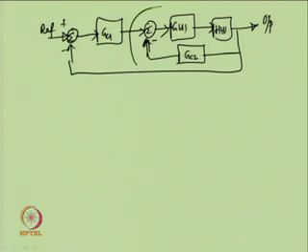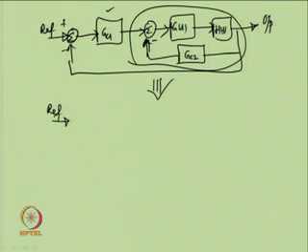Why is this arranged in this fashion? So as to make out that GC1 is primarily going to control a modified process. How is that evident from this block diagram?